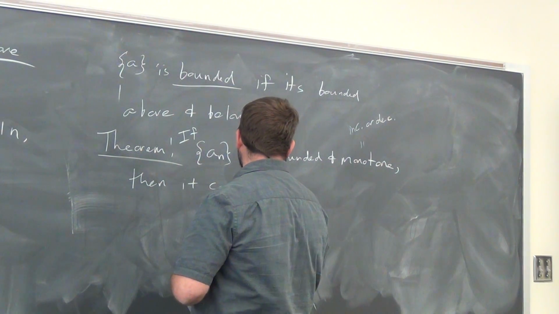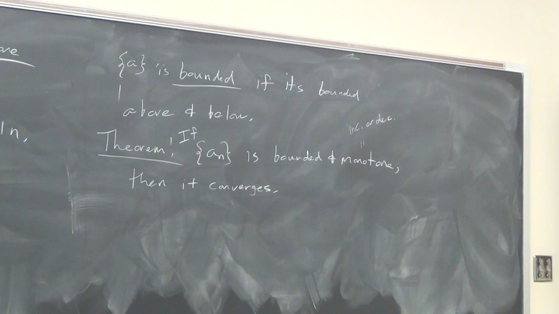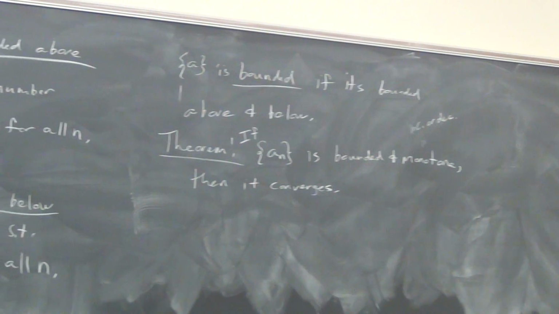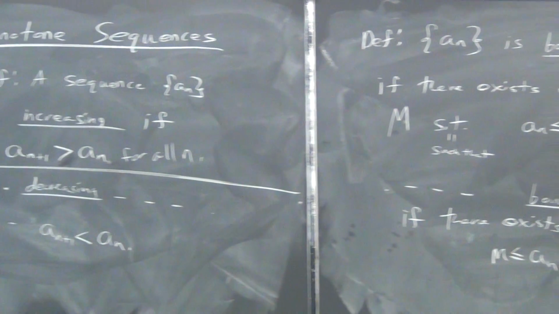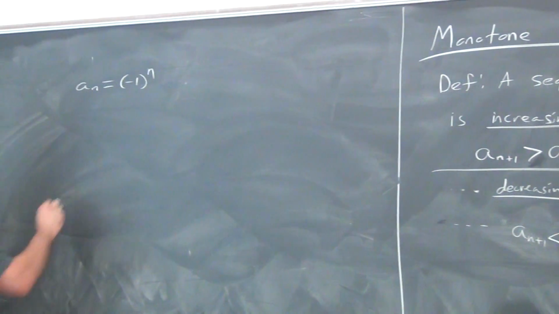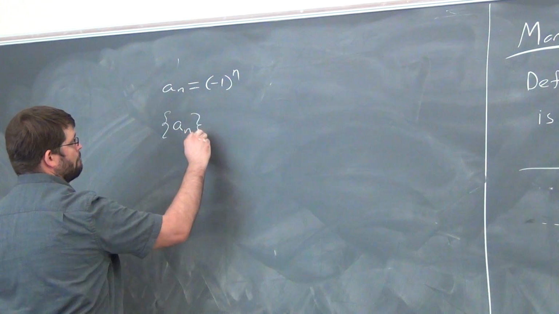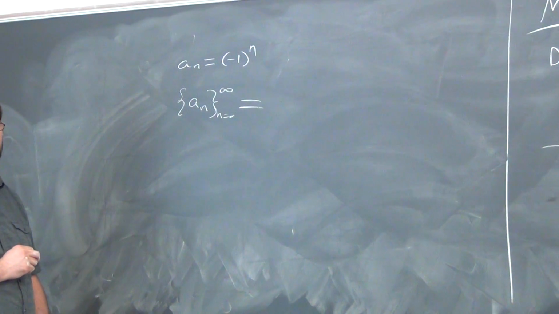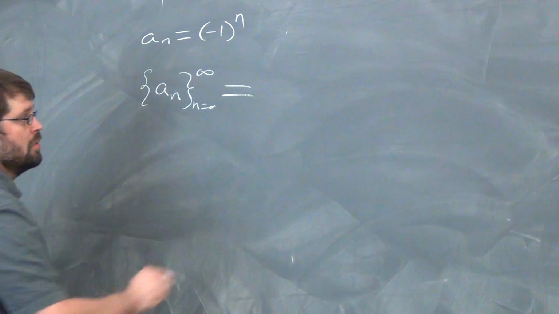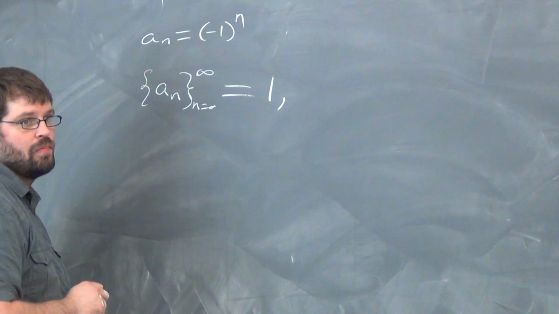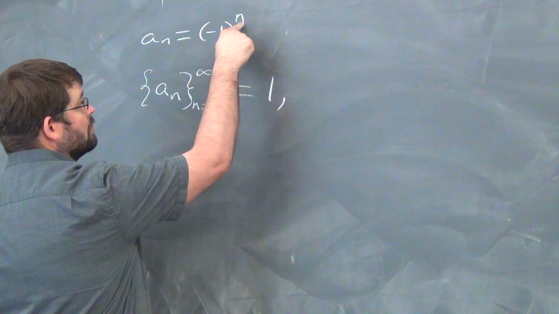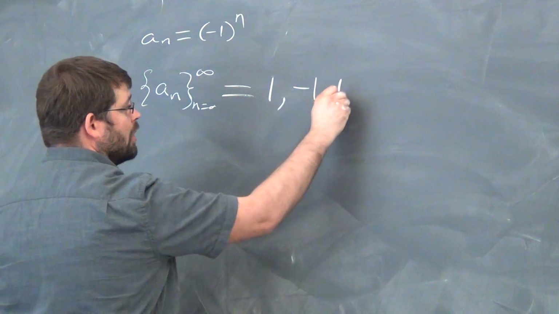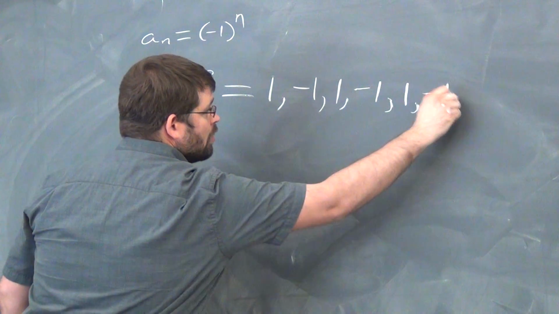So we haven't really mentioned any examples that don't converge. But let's do a real easy one. If you let a sub n equal -1 to the n, so what is that sequence? 1, -1, 1, -1, and so on.